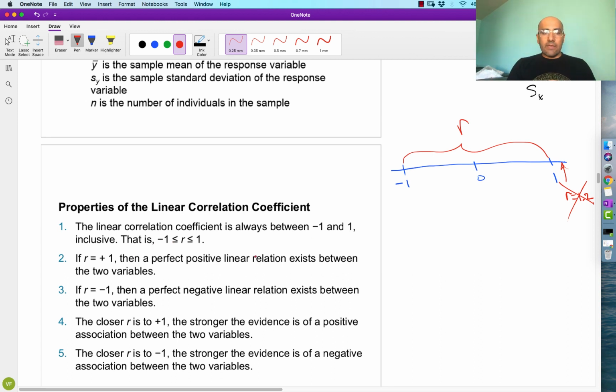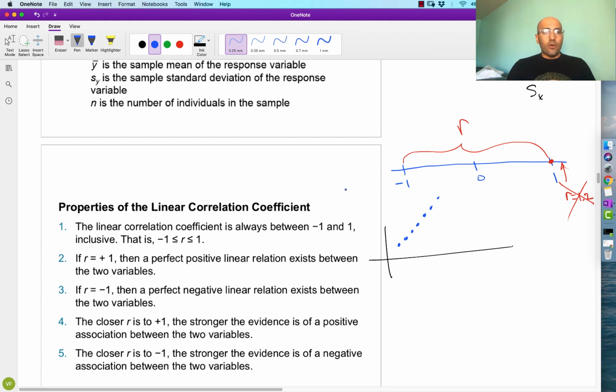Okay, and then what does that mean? If r equals +1, if you work through that whole equation and you end up getting that r is exactly equal to +1, it means that there is a perfect positive linear relationship between the two variables. It means that if we created a scattergram, it would look like this, a perfect linear relationship that has a positive slope, kind of like that one.